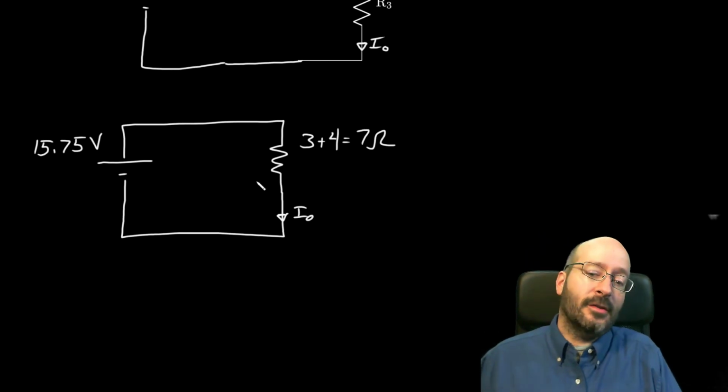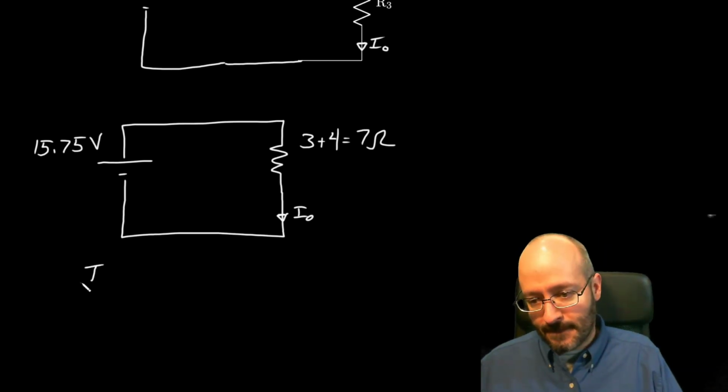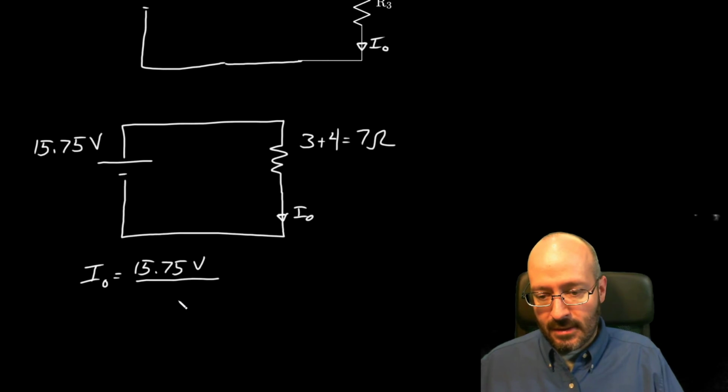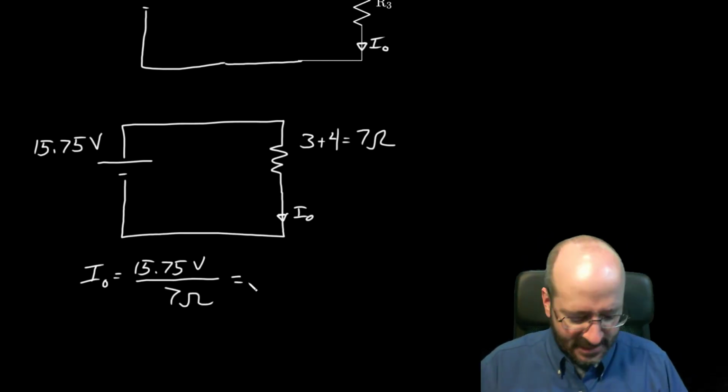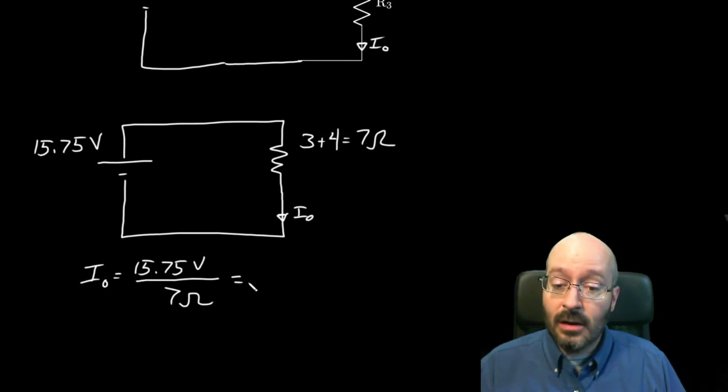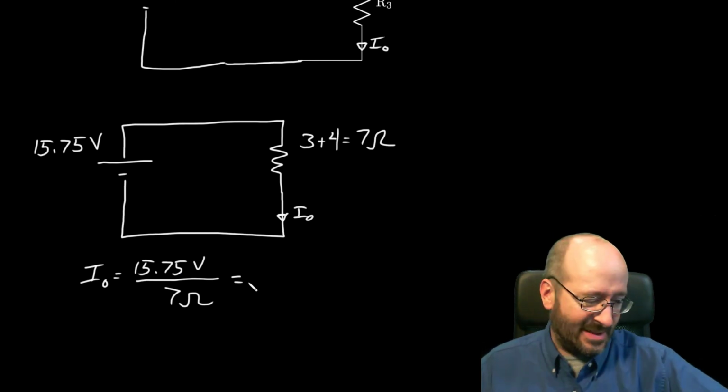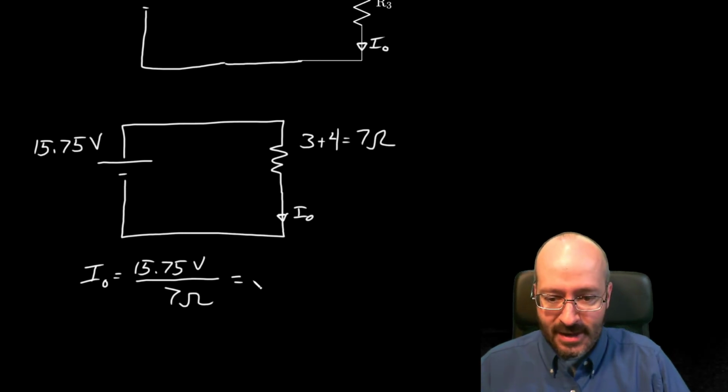And here's Ohm's law. I know the voltage across the resistor, 15.75 volts, and we're going to divide by 7 ohms. And what do we get for that? That's kind of a funny one. I thought it worked out nicely, but not so much, not horrible. 2.25 amps.